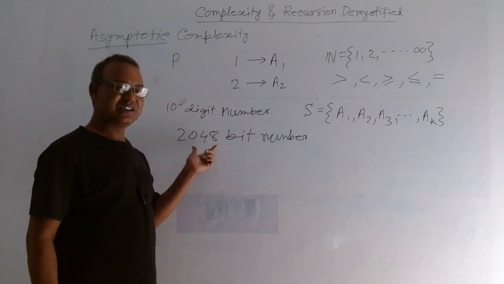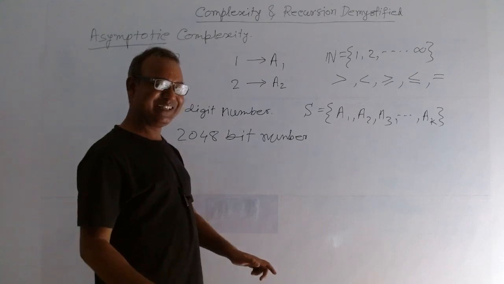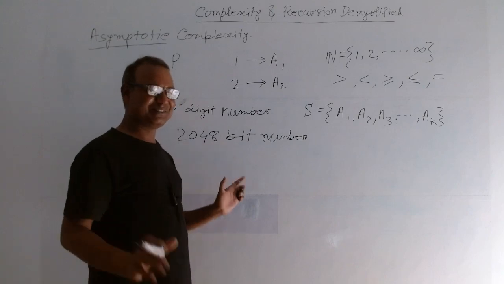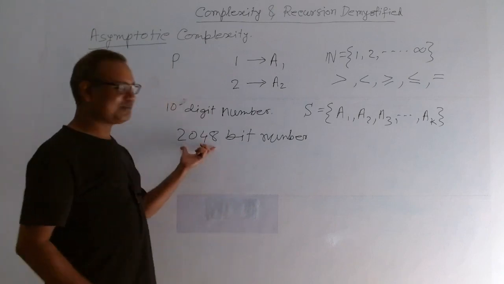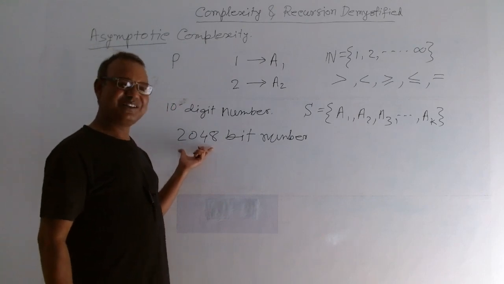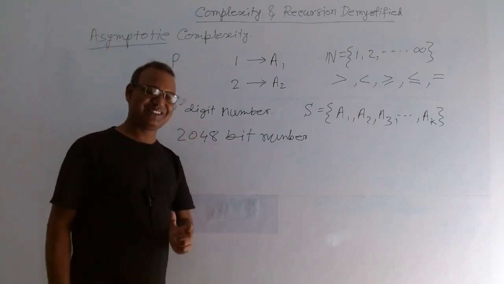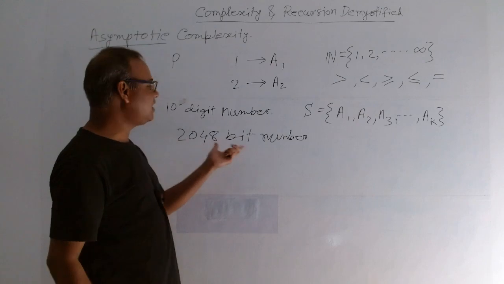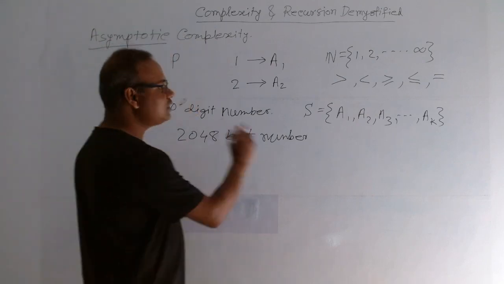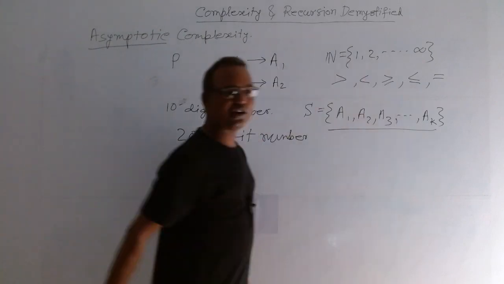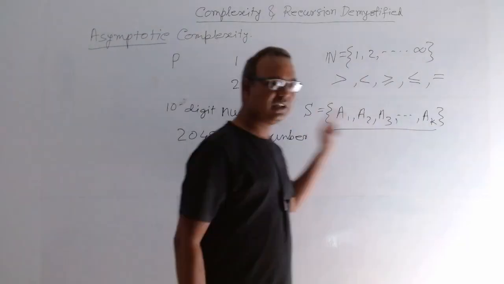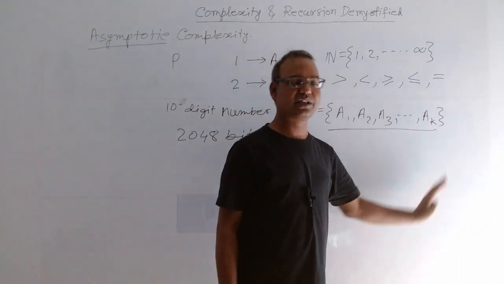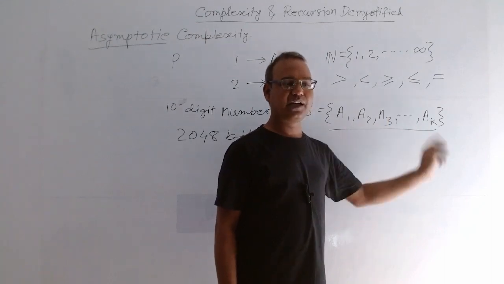In cryptography, every time you give some password, it gets encrypted with some very large number, and there are a lot of functions that look for 2048-bit prime numbers. You will compute that after a few classes. So given numbers of very large scale, which algorithm is better? Among all these algorithms, we will give as large an input as possible and verify which algorithm runs faster. That is the better algorithm.